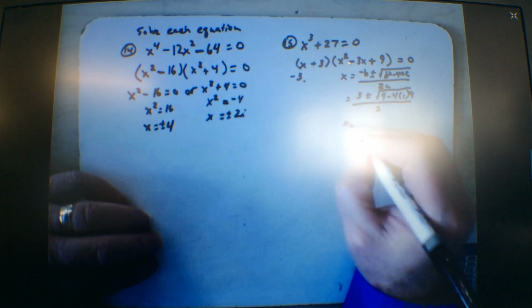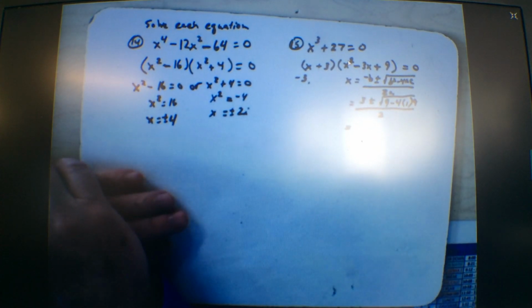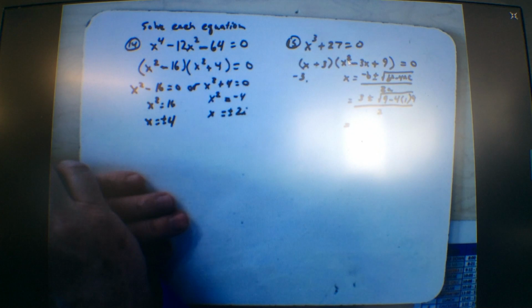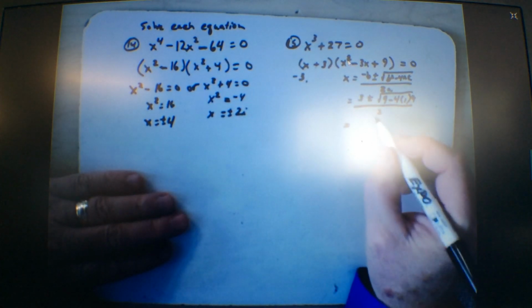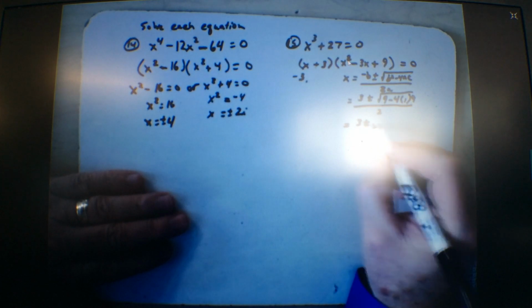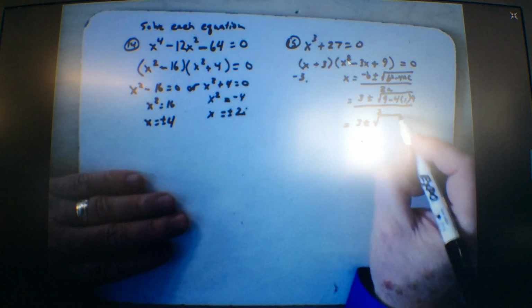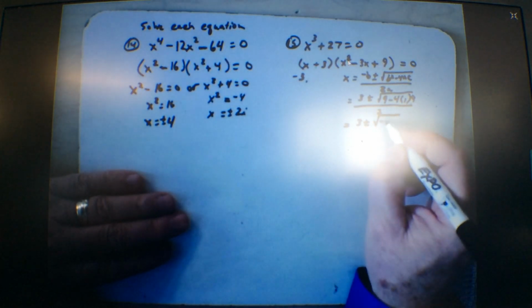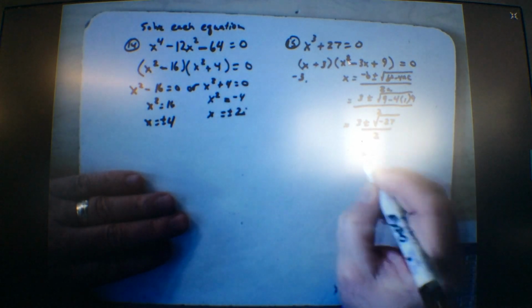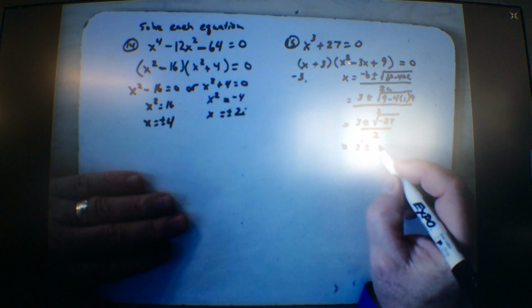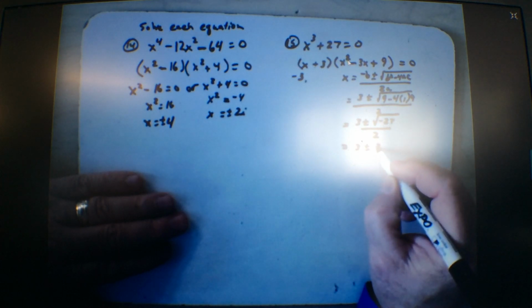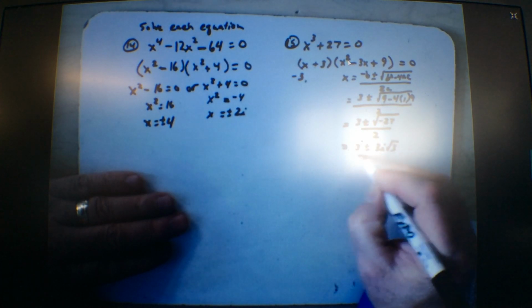Am I going too fast? No. So I get 3 plus or minus the square root of 9 minus 36, which is negative 27, all over 2. And I get 3 plus or minus, I pull an i out, and that is 3i square root of 3 over 2.